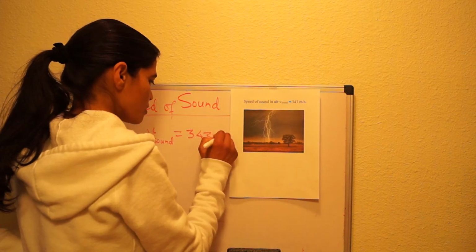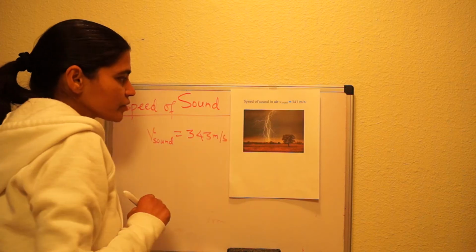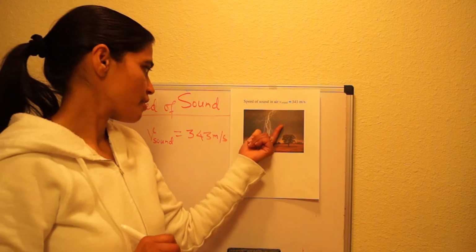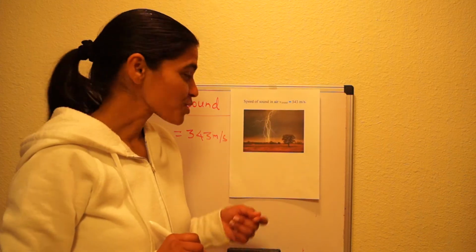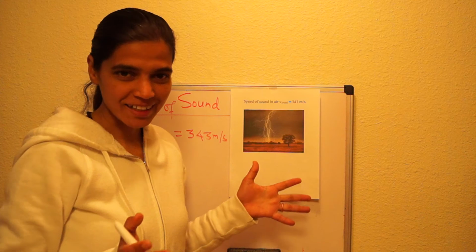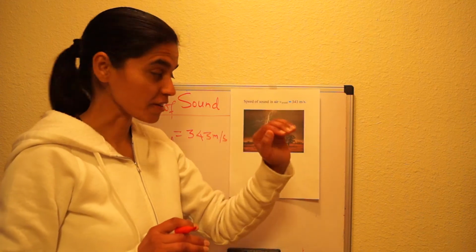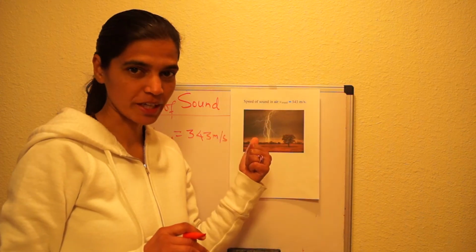343 meters per second. Here is an example of a thunderstorm, right? When lightning happens, we see some light, and the speed of light is different. We already looked at that in the electromagnetic spectrum.